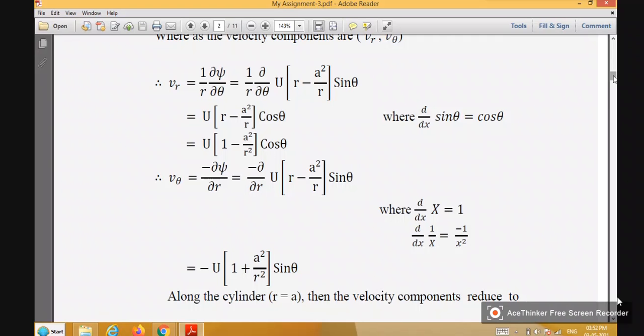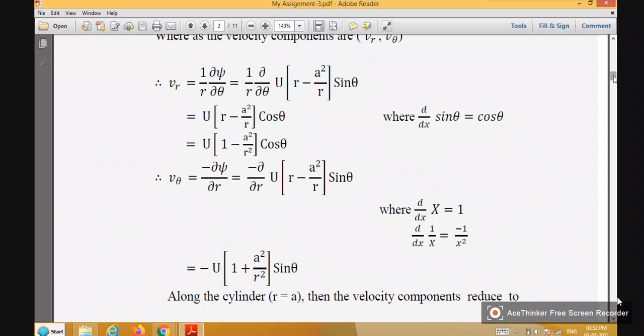See, if I just allow you, because the answer is correct, VR is equal to 0 is correct. But how did you get that 0? By substituting r is equal to a in the expression for VR. So there you have to give an equation number. Say for example, VR is equal to 1 by r dou psi by dou theta, and then simplified, and you finally got that expression u into r into 1 minus a square by r square cos theta.